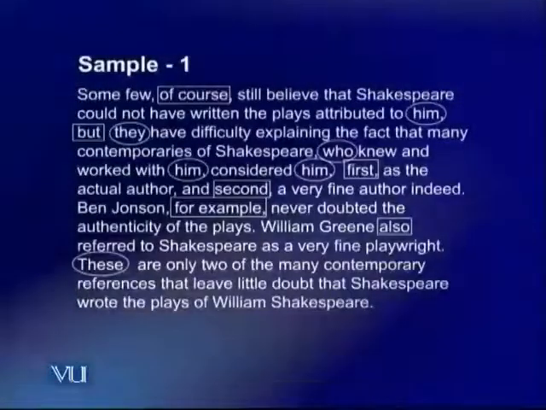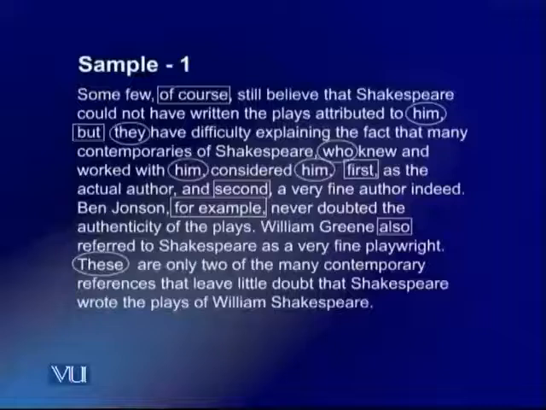Now, if you look at the paragraph, you will notice there are certain words that are in rectangular boxes, and there are certain words that are circled. Now, I shall go through this paragraph with you and point out to you how they are connected.